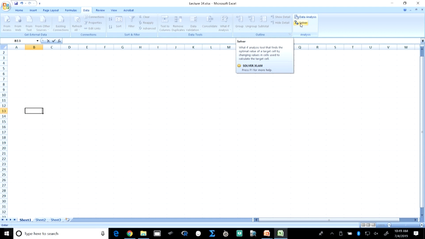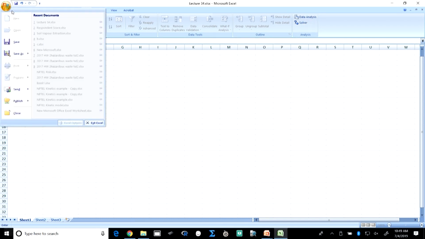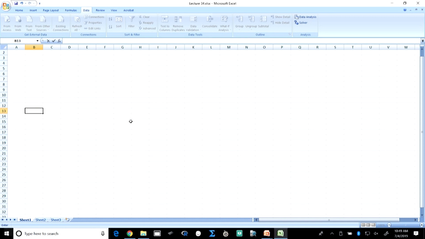If this Solver is not installed, then you have to go to this part and add this particular Solver through Add-ins. Since in our case the Solver is already installed, we do not require that, but many times in the default setting Solver may not be available.